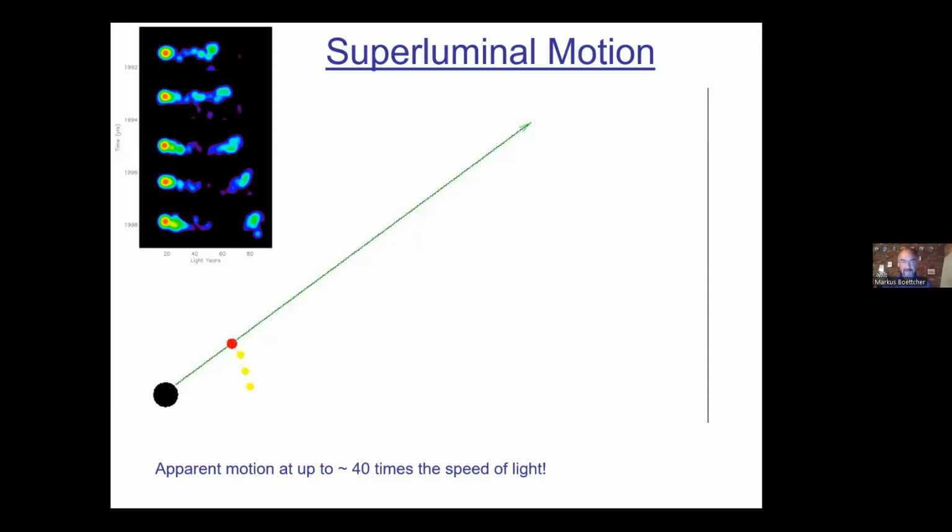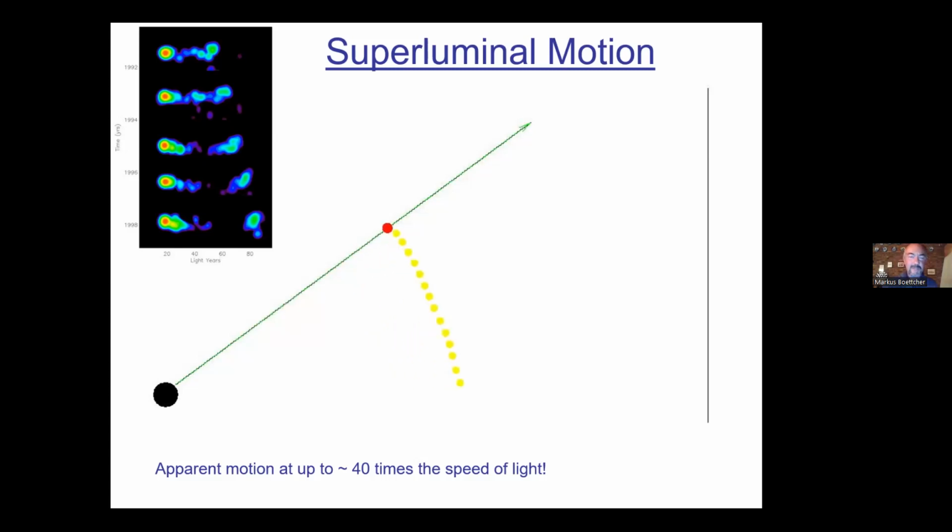The truth is that we're dealing with something that emits this radiation, the radio waves, moving along the jet. And the jet is directed at a very small angle towards us. So we are very far away on the right. And because this is moving with almost the speed of light, it is just almost catching up with all the radio waves and the light that it has just emitted.